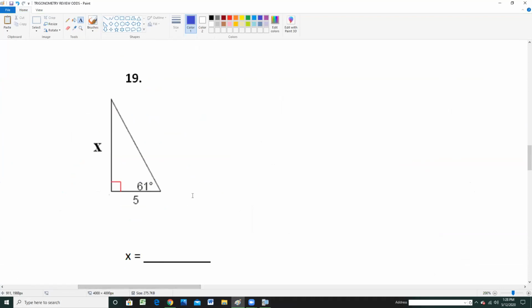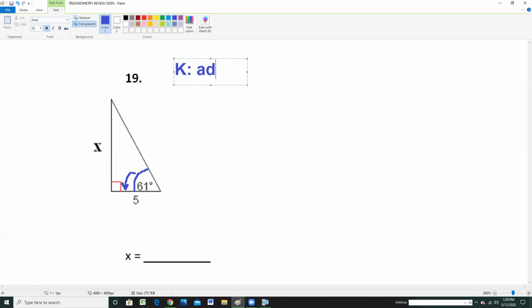Let's go to number 19. So for 19, the angle that they gave us was 61 degrees. The thing that we know is the adjacent. The thing that we want to know is the one that's farthest away.